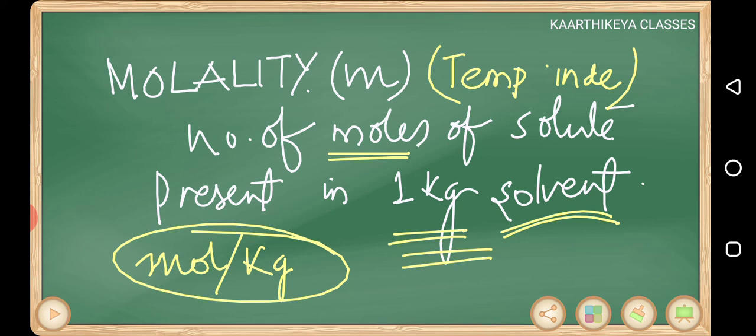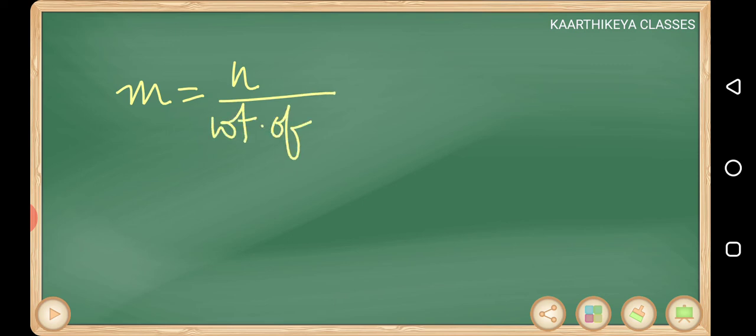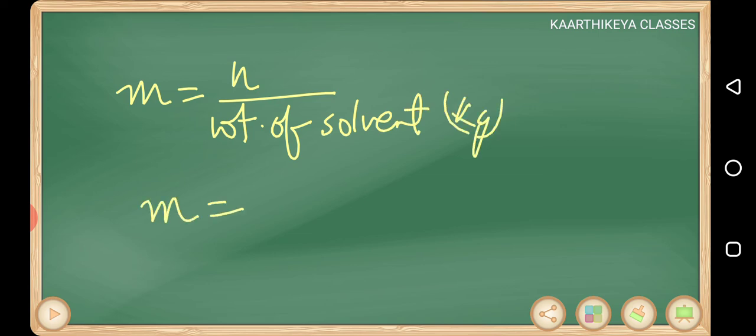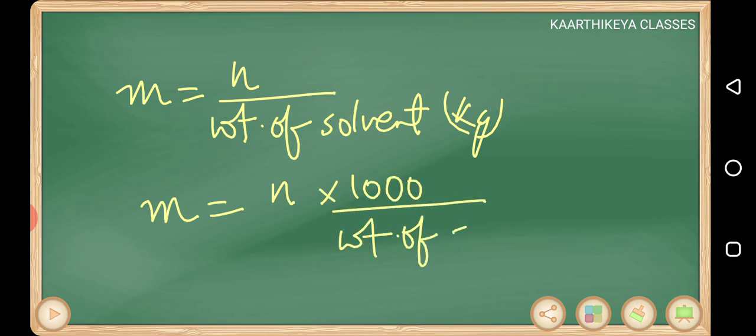So the formula: molality is equal to N by weight of solvent in kg, or molality is equal to N into 1000 by weight of solvent in gram.